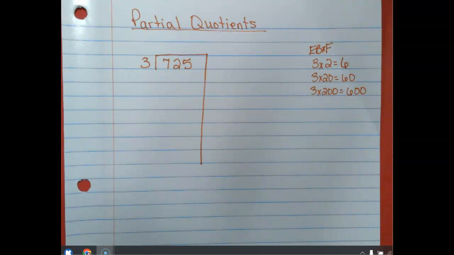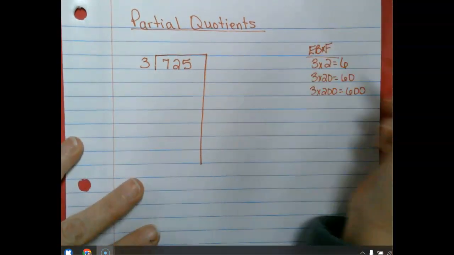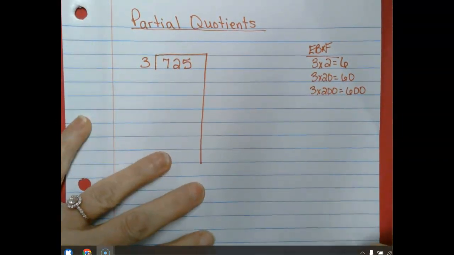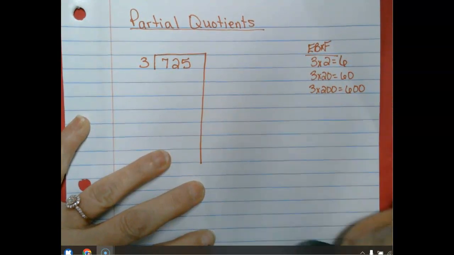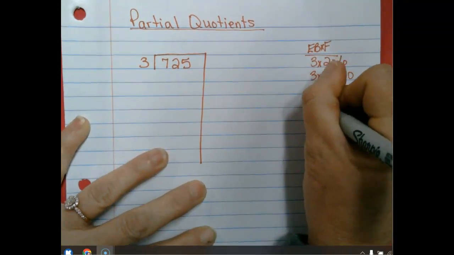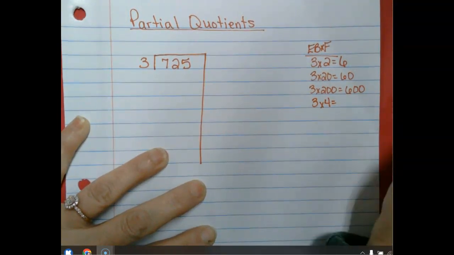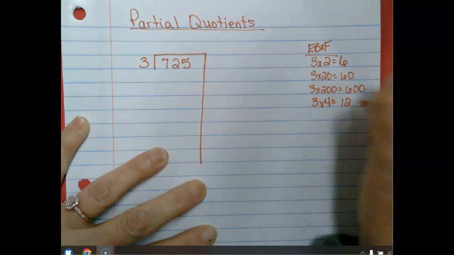But I'm going to look at some of my other easy breezy multiplication facts to help me after I break down the first part, okay? So I did 3 times 2. Let's do something different this time. Let's do 3 times 4, okay? You should know that 3 times 4 is 12.